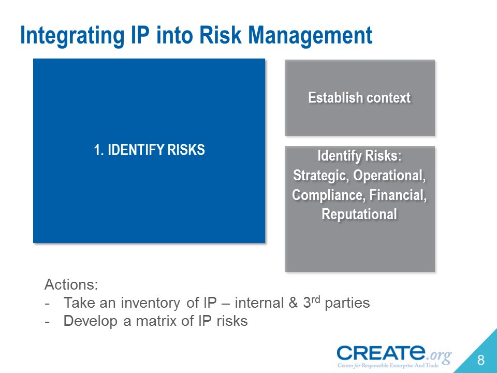But strategic risks are really bet-the-company kind of risks, things that go to your overall mission and your objectives. Operational risks come up in the day-to-day running of your business, and compliance risks obviously have to do with government regulation, legal requirements, or standards or industry practices that you've committed to, or even contractual commitments that you've made.